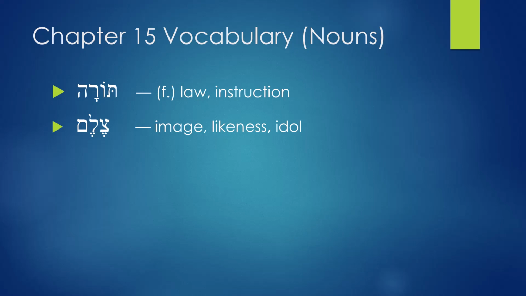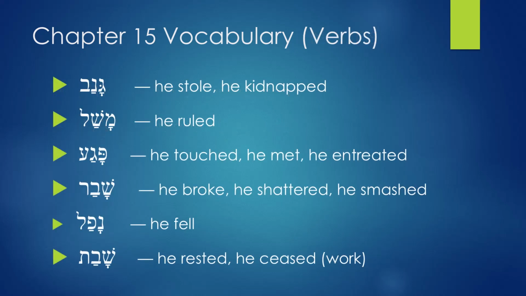And then we have verbs. First one is ganav. We have looked at this. Ganav means he stole or he kidnapped. And then we have mashal. Mashal means he ruled.